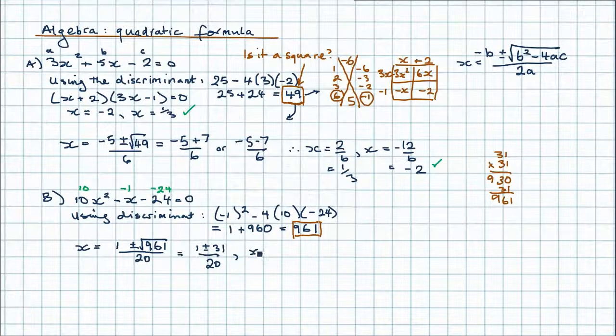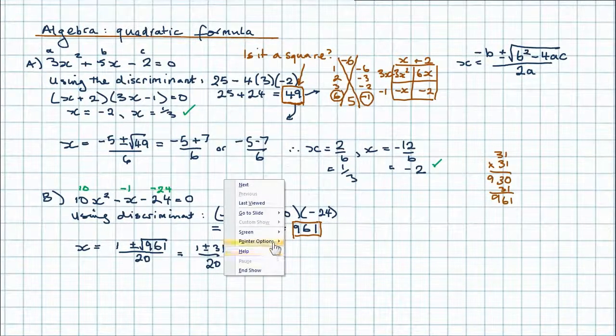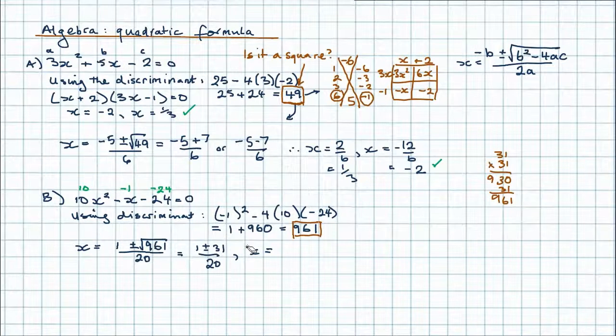So therefore x equals, let's do 1 minus 31 first, which gives me negative 30 over 20.